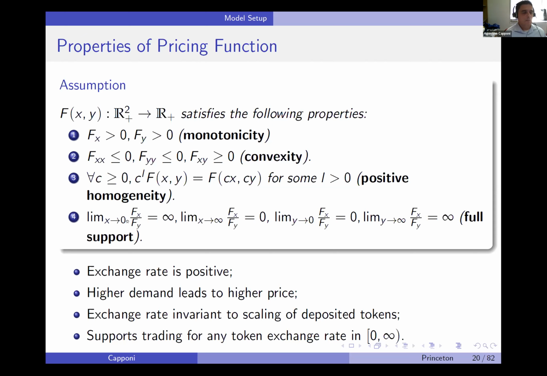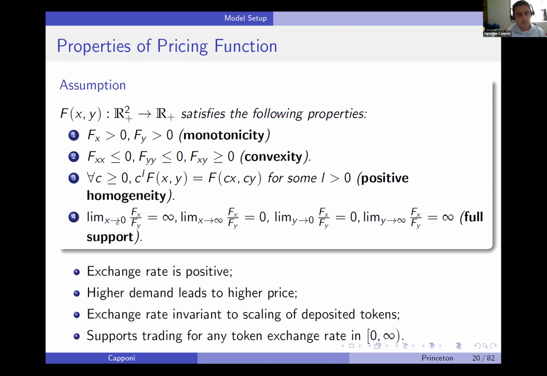So if, for example, you are exchanging a smaller and smaller amount of token A, then the exchange rate has to go to infinity. If we think of the constant product function x times y, the derivative of the function with respect to x is y, and the derivative with respect to y is x. So y over x will go to infinity if x goes to 0.